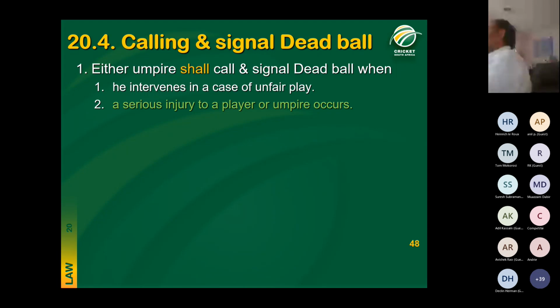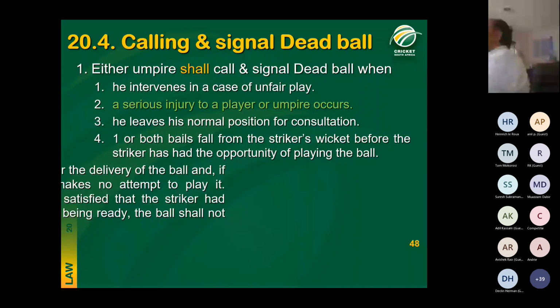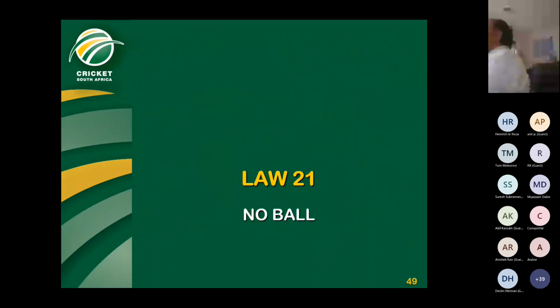The important words in this sentence are that it needs to be a serious injury to a player or an umpire. That is your judgment call as umpire. If you feel that an injury is serious enough, don't hesitate to call and signal dead ball. I'm not going to go through all of them. There are 14. I just wanted to focus on that one because there is an exam question on it.